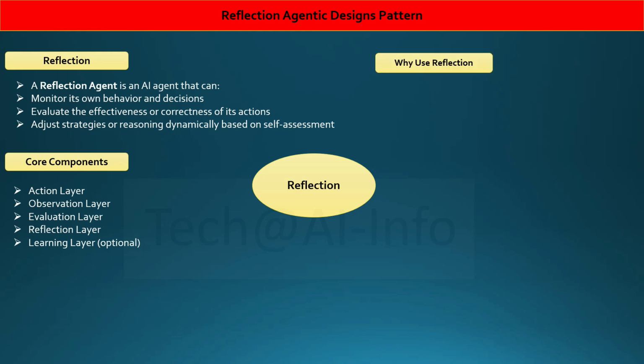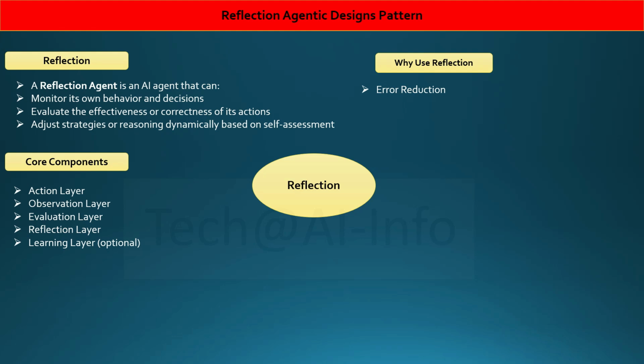So why use reflection in agentic AI? Reflection turns an AI agent from a one-shot responder into a self-correcting, improving system. Here are some benefits. First is error reduction, meaning it catches mistakes early.